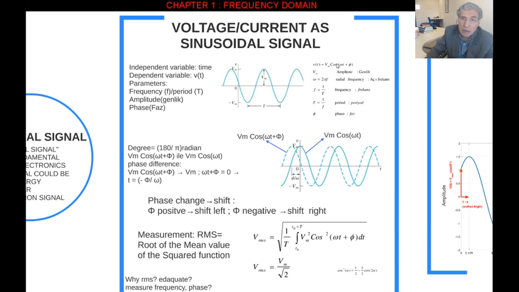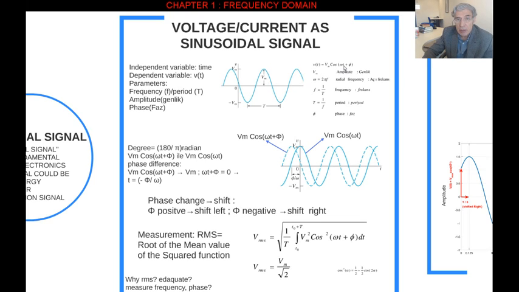If the cosine value is plus 1, it is going to be plus Vm, the highest positive value, and when it is minus 1, the highest negative value. This coefficient is called amplitude. In Turkish we call it genlik. That is the signal's Vm value, the highest maximum value. The m comes from maximum.